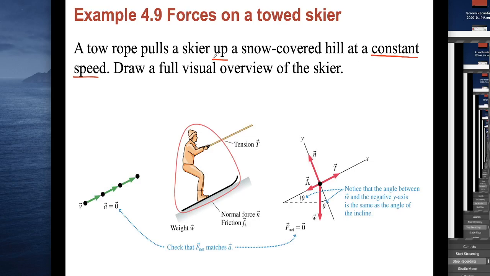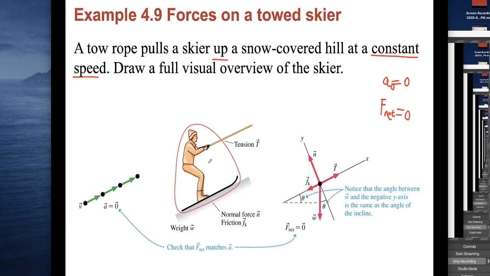There are several keywords like up, so the skier is going up, and then constant speed. That's very important. If something is at a constant speed, that means acceleration is 0. So acceleration is 0 means net force is 0.